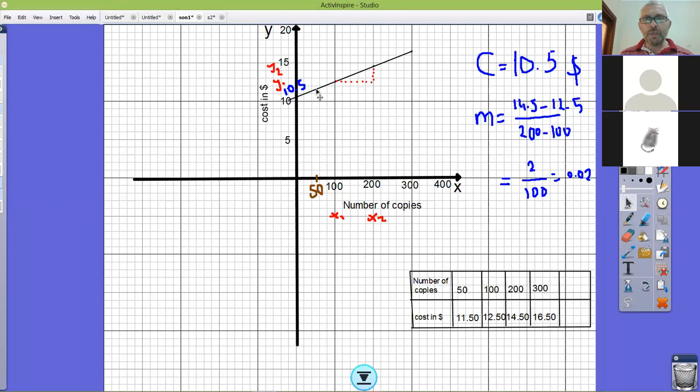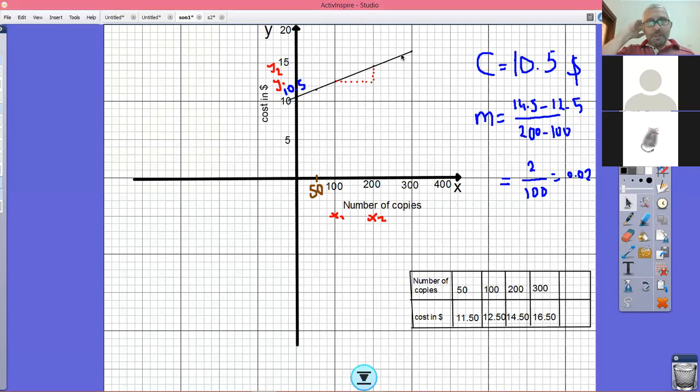I put the point. 100 and 12.50, I put the point here. 200 and 14.5, I put the point here, and 316.50. I put it here, and I sketched the points and I got the line. I have a line here.